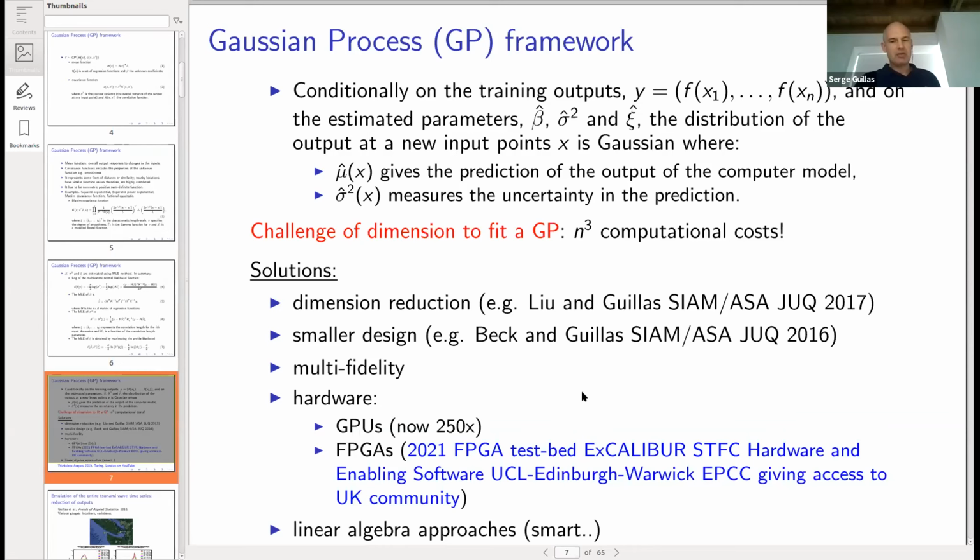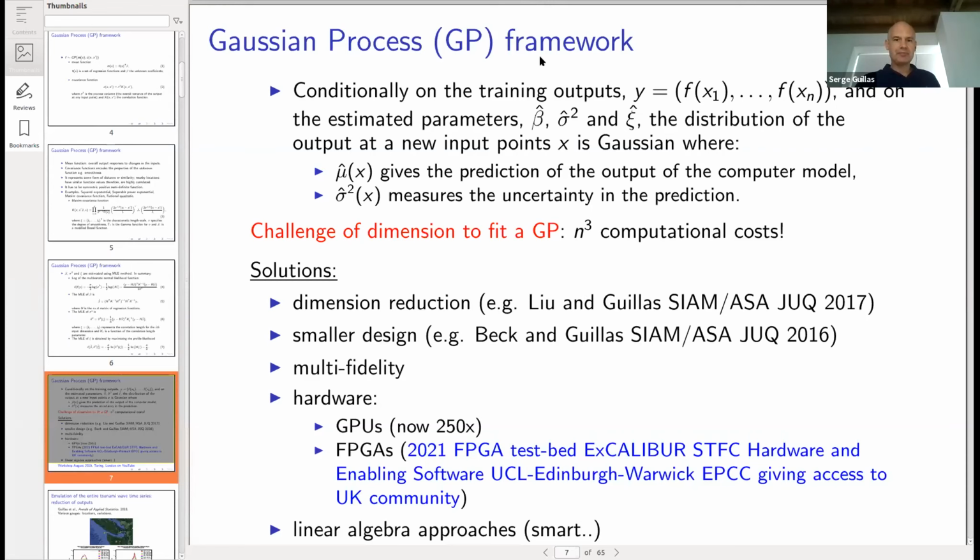The EPCC in Edinburgh will host it, and we are going to give access to whoever is interested in using these very interesting types of chips that you can redesign in order to fit the algorithm better. We're going to work on that, and we have started. Linear approaches, smart moves. I organized a workshop in August 2019 at the Alan Turing Institute, and there's a video of many types of approaches and many types of thinking.